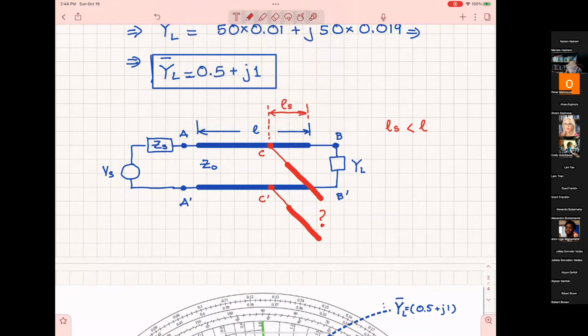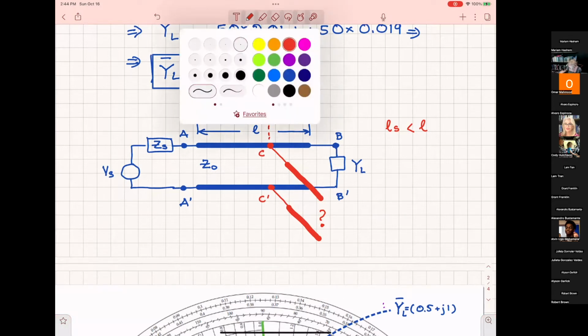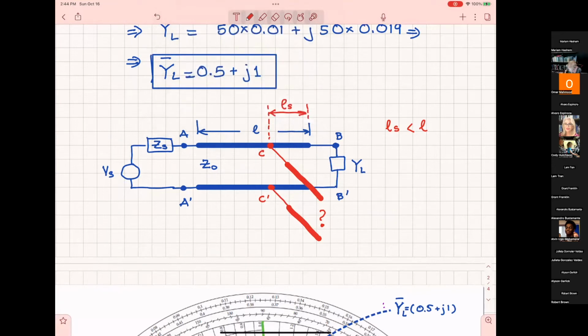After I'm done with the matching, the stub, and I have figured out everything, I want to make sure that the input impedance here is how much to have a perfect match to the left of the stub. How much this Z input has to be.